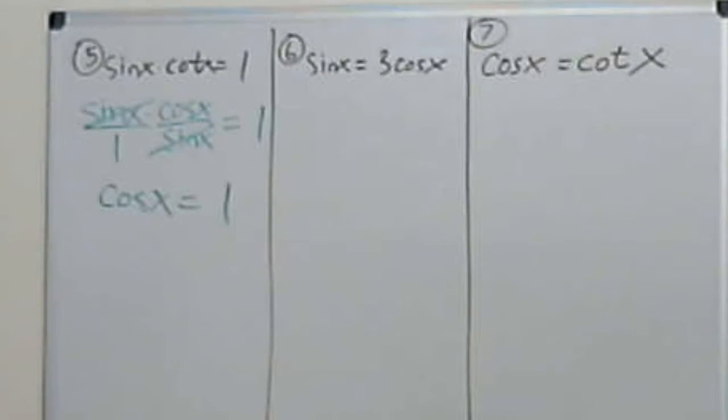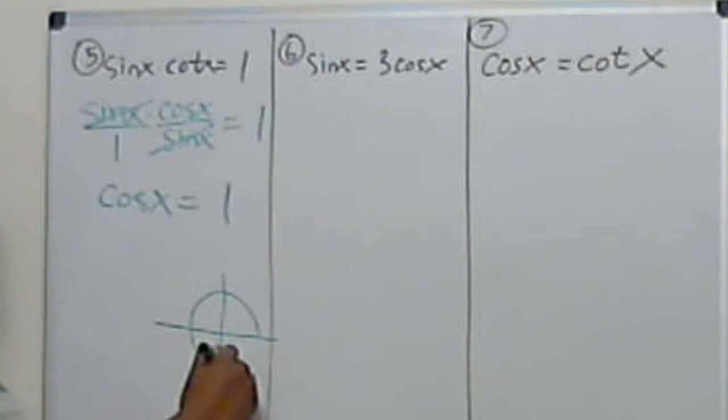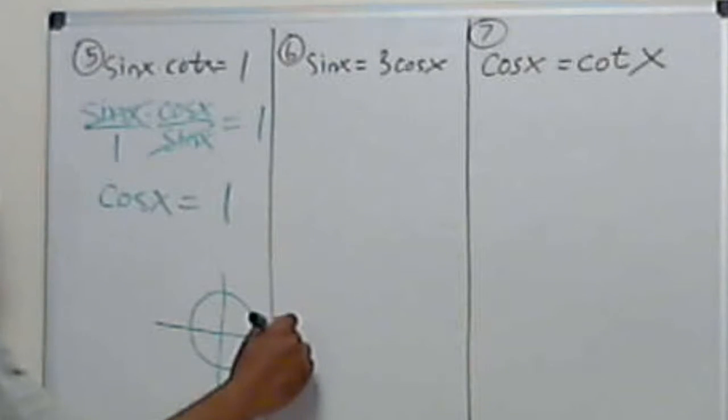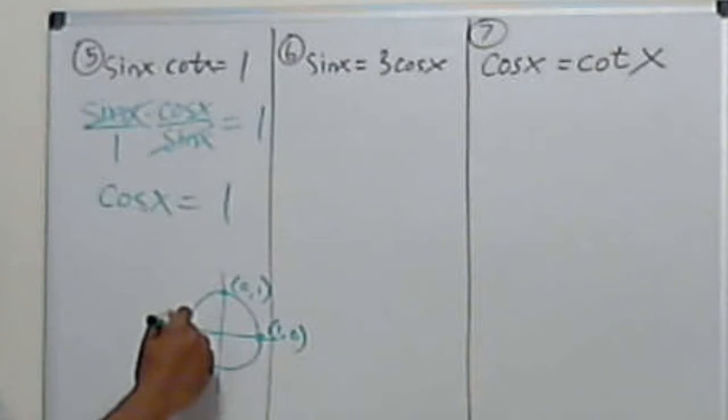Now, we want to make sure we come up with the solution in terms of radians. So on the unit circle, you had your unit circle in front of you. Let's take a look at these points here. This is (1, 0). This is (0, 1). This is (-1, 0).